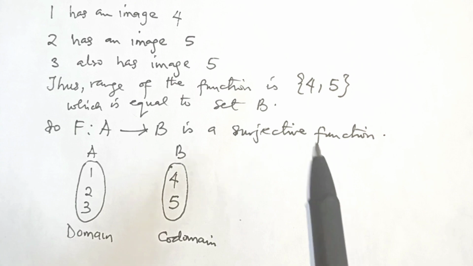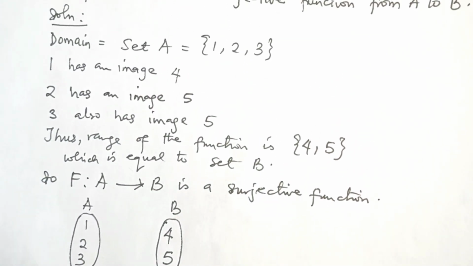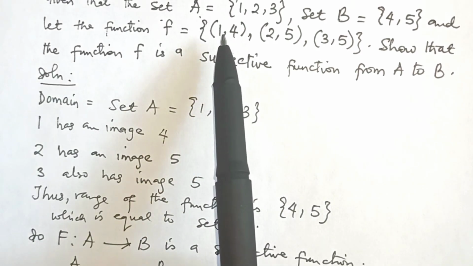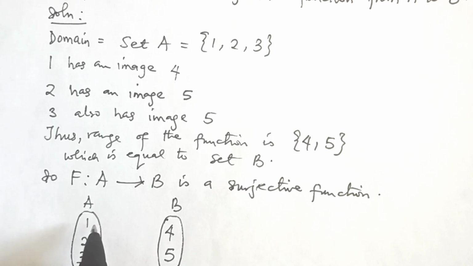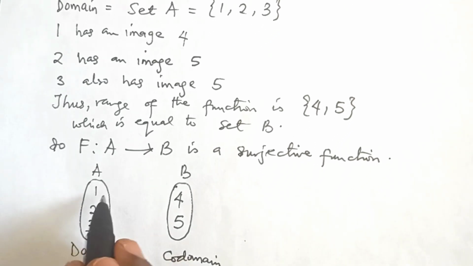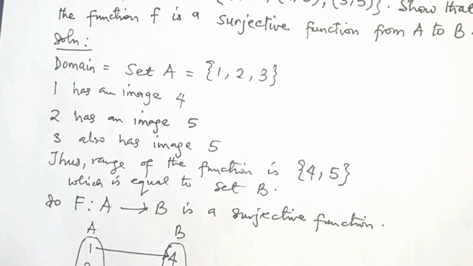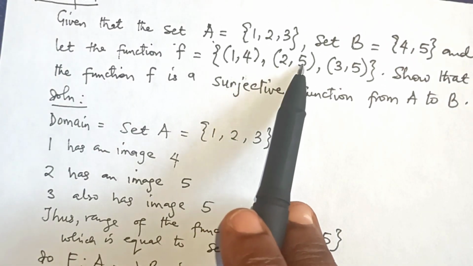Then the image of 1 is 4. From the given function, the image of 1 is 4. So we map 1 to 4 in our diagram. Again, the image of 2 is 5.